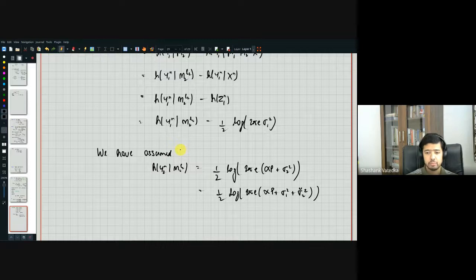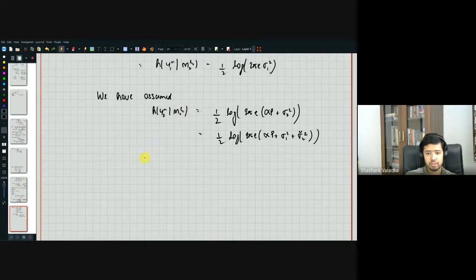But the observation that we need to make over here is that y2n is equal to y1n plus z2 tilde n. So y1 is corrupted by z2 tilde n to give you y2n, and this is Gaussian.